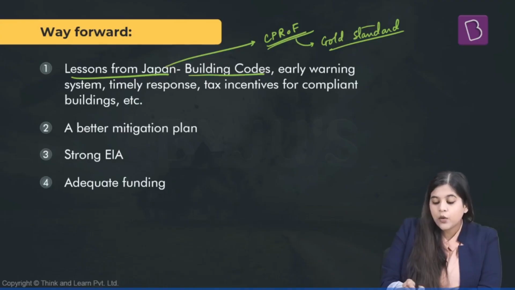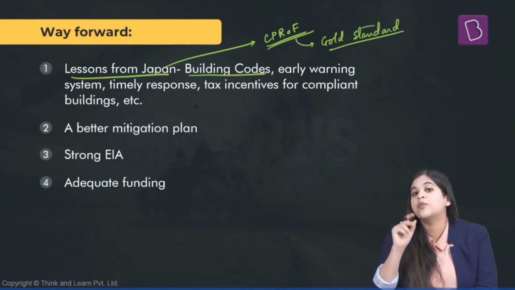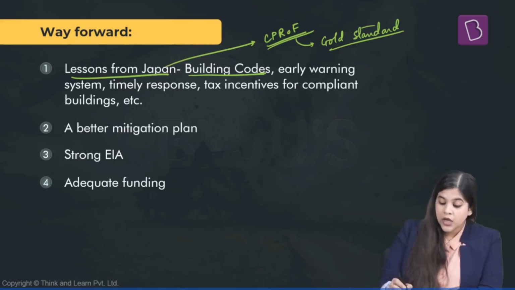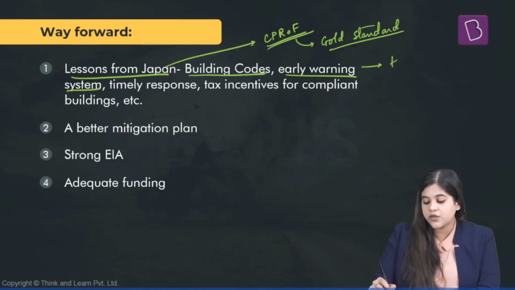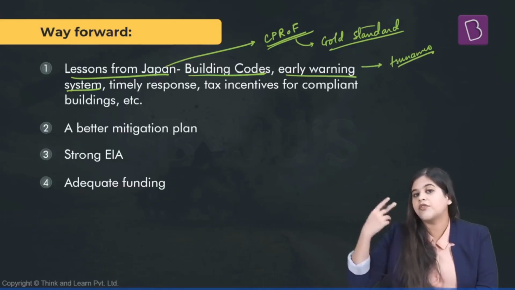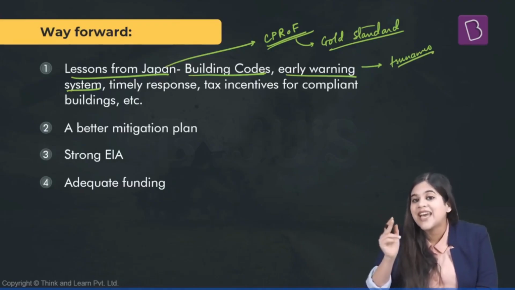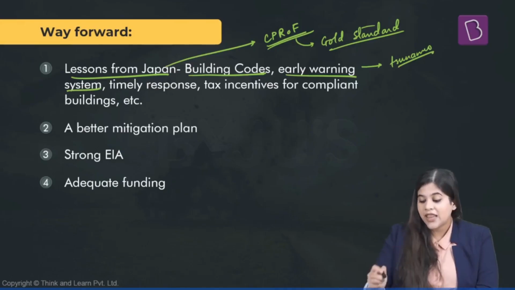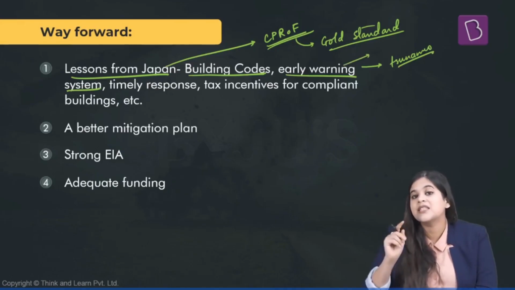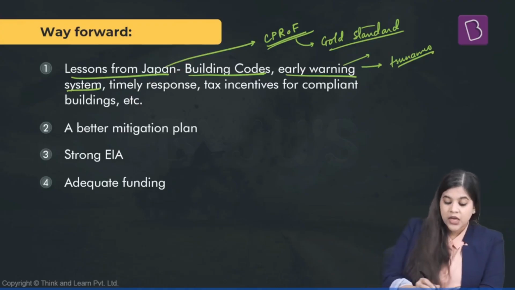One is building codes and ensuring that those building codes are followed. Early warning systems specifically for disasters like tsunamis, which come after the earthquakes and which can be detected, and such early warning can save a lot of lives.